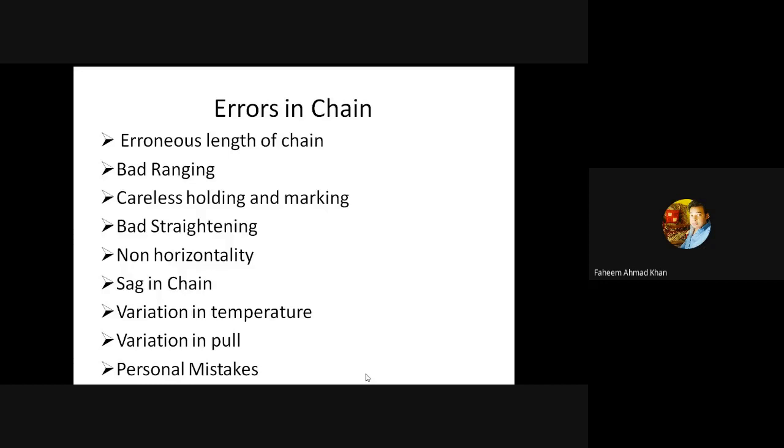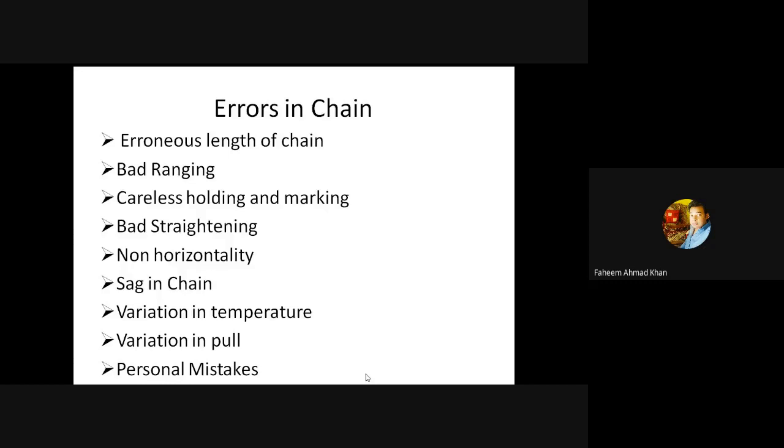If the pull applied in straightening the chain or tape is not equal to that of the standard pull at which it was calibrated, its length changes. If the pull applied is not measured but is irregular, sometimes more or less, then the error tends to compensate.